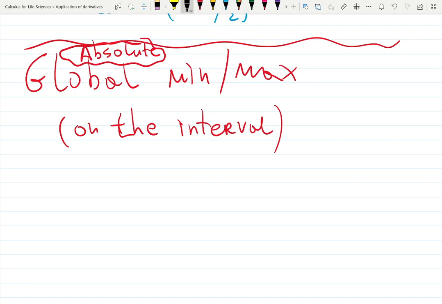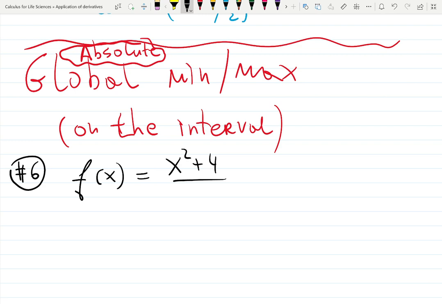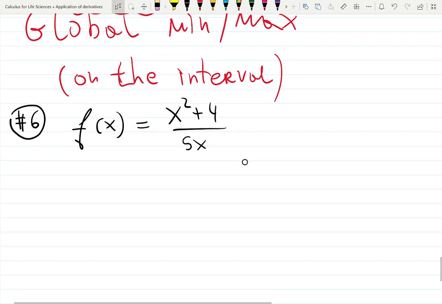For example, number 6. Number 6 gives us a function and requires quotient rule. So you have to review product rule and quotient rule, including logarithmic functions multiplied by exponential ones. And then they ask you, find global min and max.